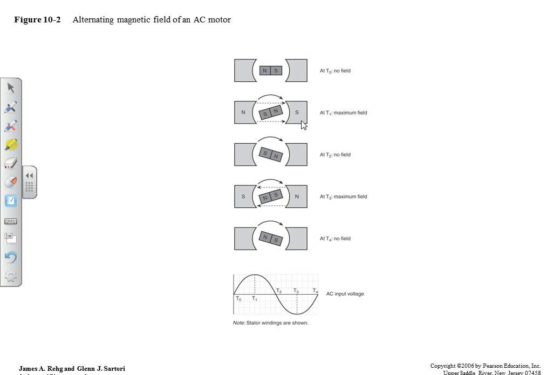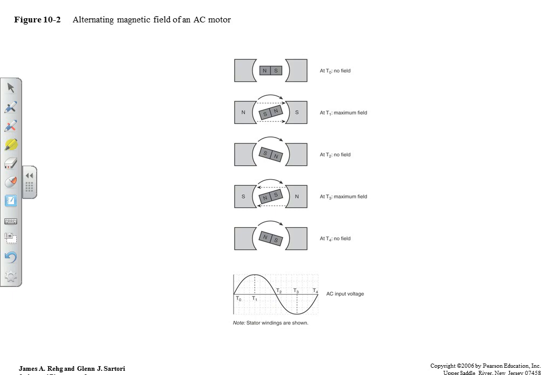So now I look at it, and I have north-south, and I'm going to rotate my north part of the winding to wherever south is. When I change the north-south, because as I change my voltage, I go from a positive voltage to a negative voltage, I change where my north is. As I pass through zero, I don't have any magnetic field at all. So this thing is going to be free floating out there.